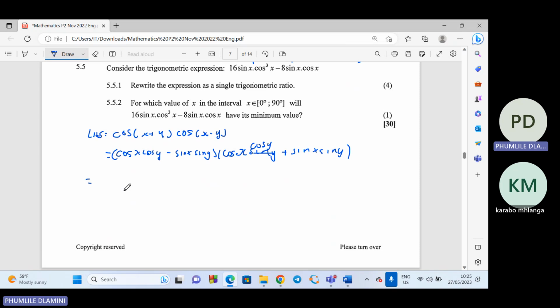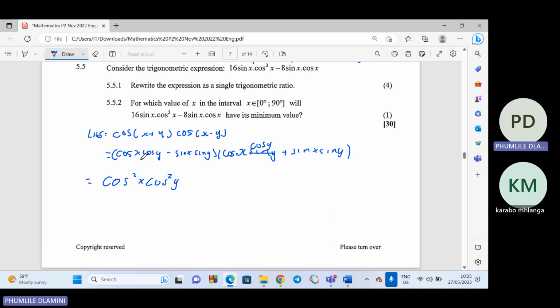So now when we have this, what can we do? We can multiply back. Here it's like factorizing. Cos x cos y multiplied by cos x cos y. You can see that this is cos squared x cos squared y.